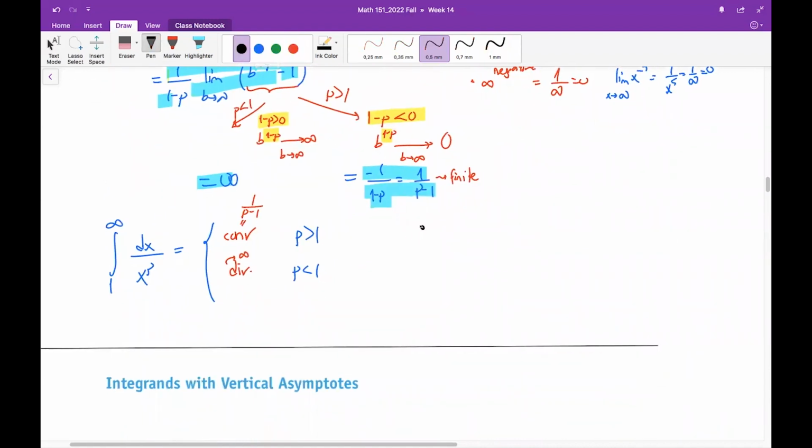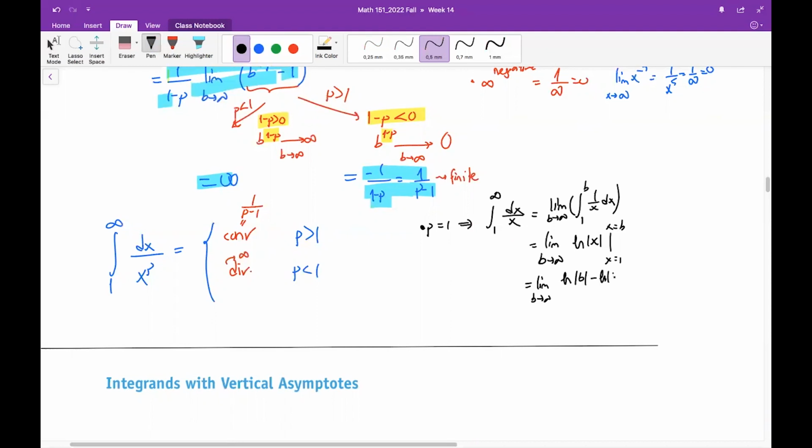What if p equals 1? Then your improper integral looks like this, and you can easily handle it by putting b here. Limit b goes to infinity, integral of 1 over x dx. This will be evaluated as the ln function, ln absolute value of x, from x equals 1 to x equals b. So what we have, limit b goes to infinity, ln b minus ln 1.